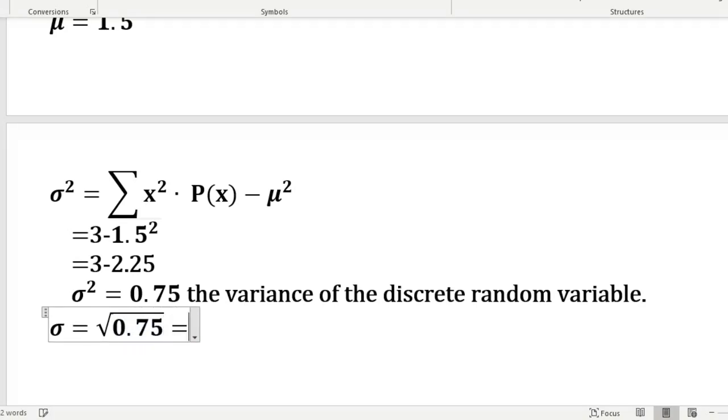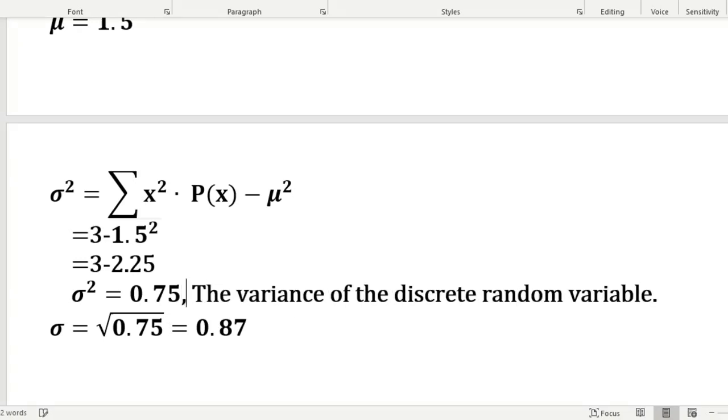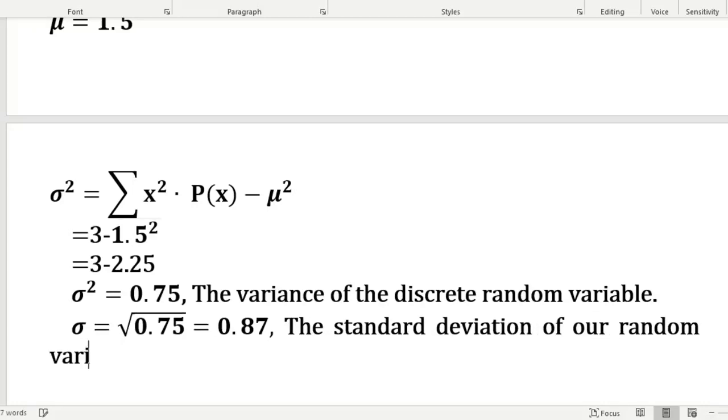And that is equal to 0.87 to two decimal places. Thus, we have the standard deviation of our random variable.